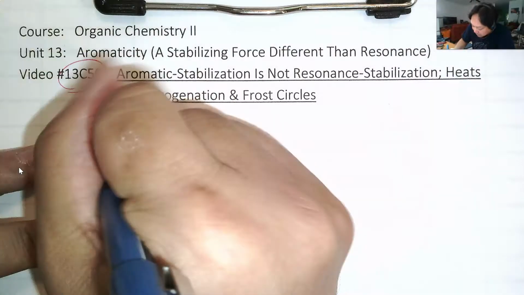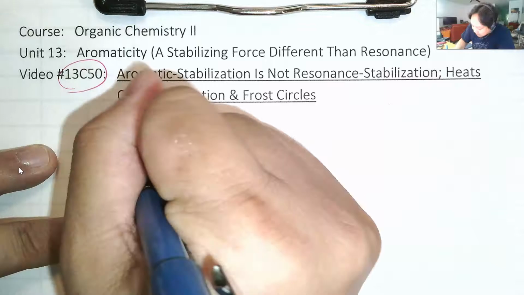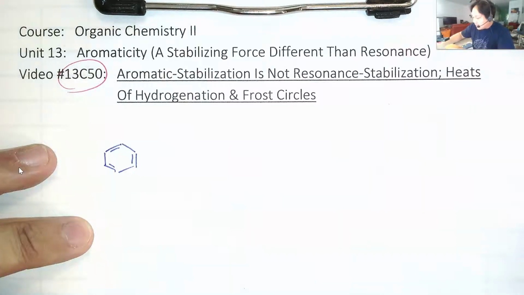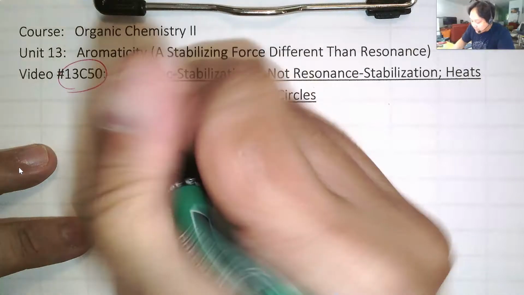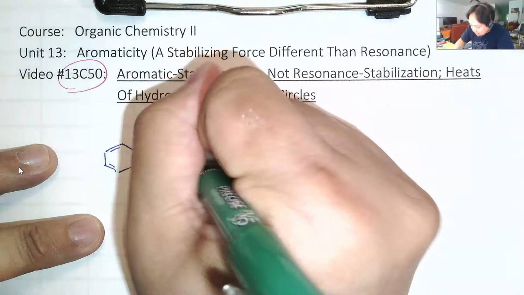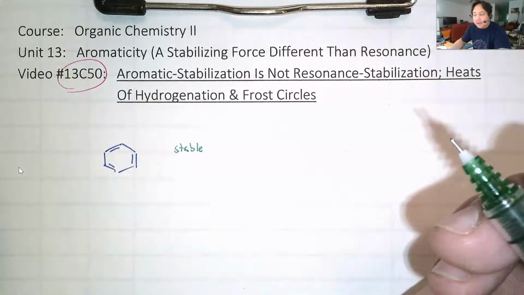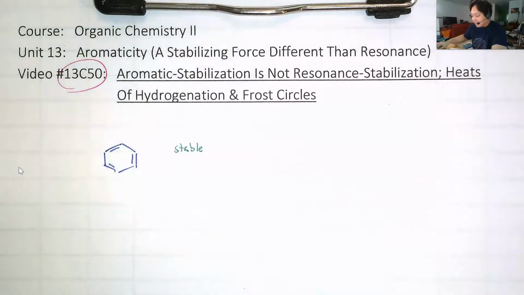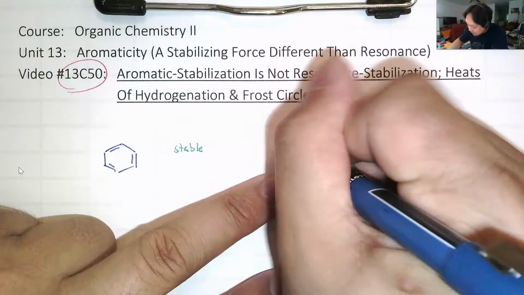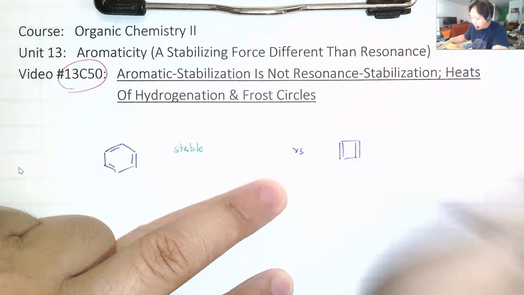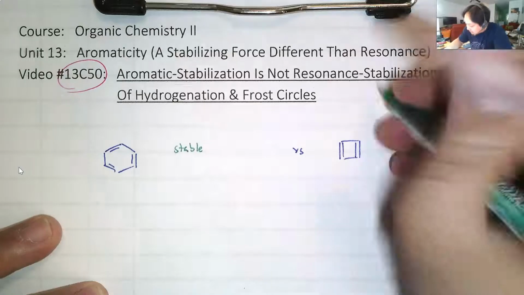Because in video 1, we focused on the molecule benzene, and we saw that it's stable. Why? Because it didn't react with Br2, whereas cyclobutadiene, versus this molecule, is pretty reactive.